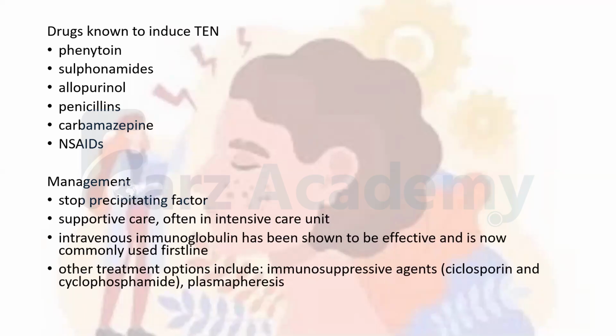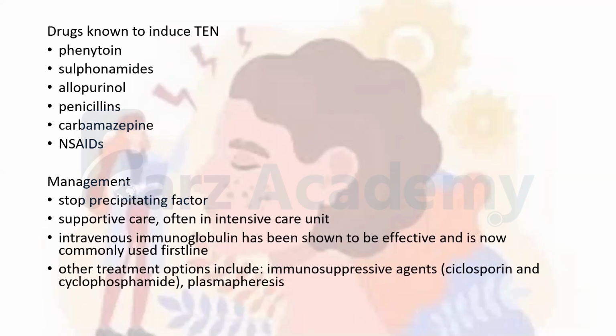IVIG is the first line of treatment. It has been shown to be effective and is now widely used because it is considered a dermatological emergency. Identifying it and immediate treatment with IVIG can save lives. Otherwise people can go into dehydration, sepsis, and even death.